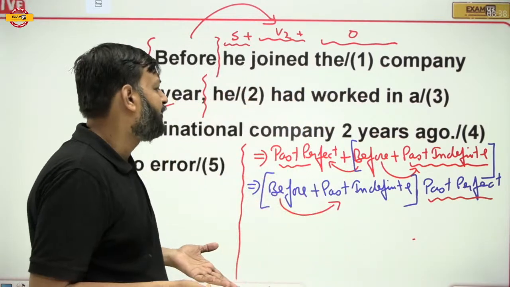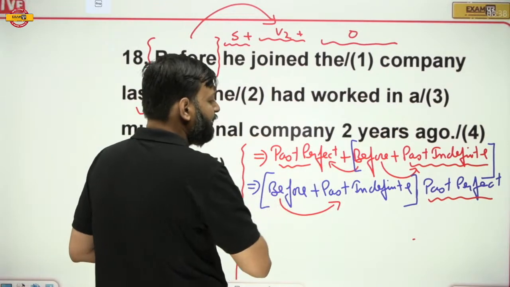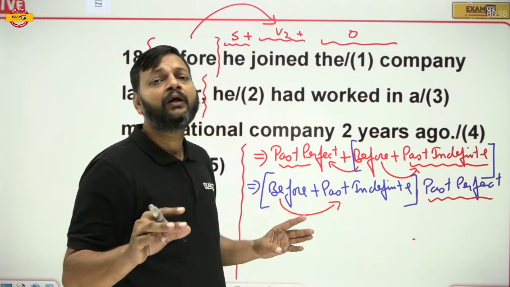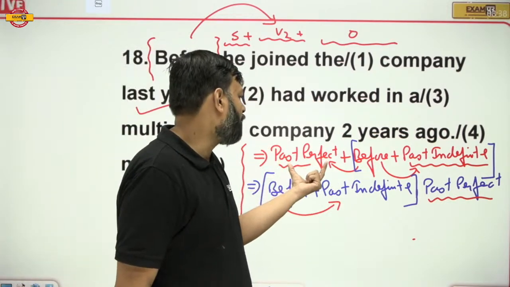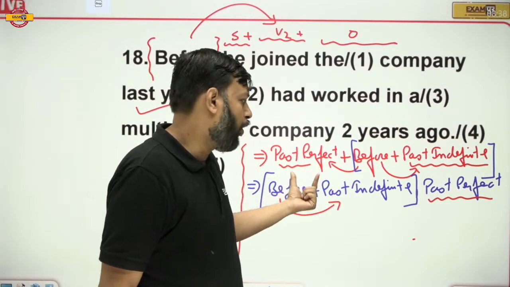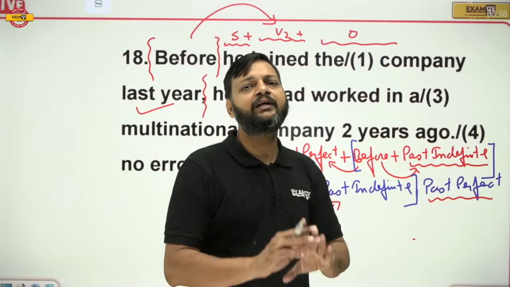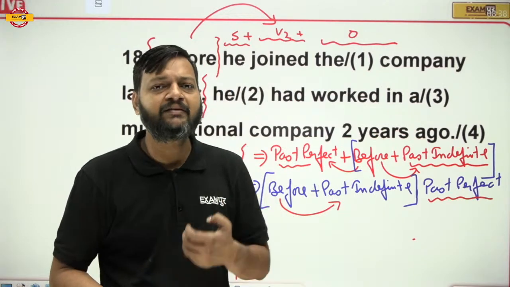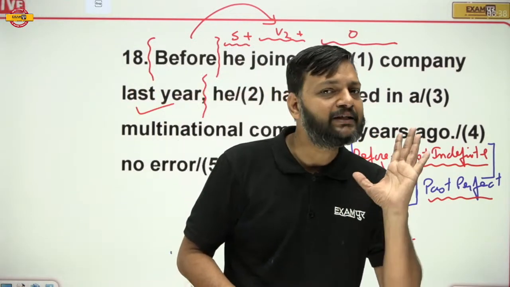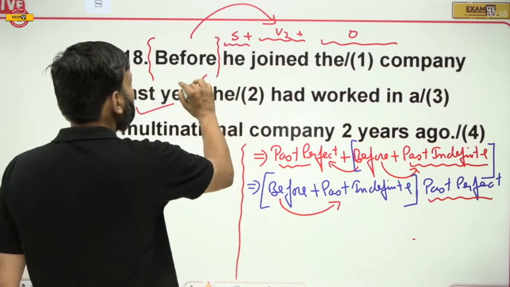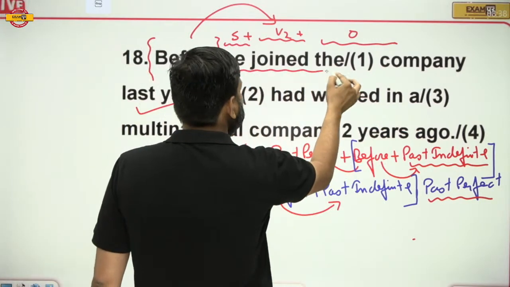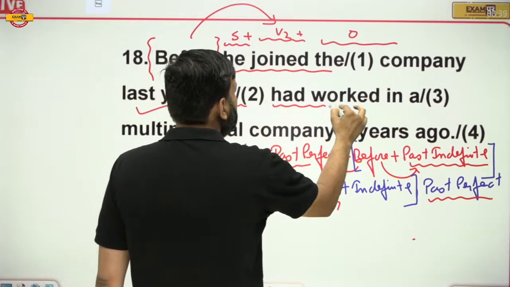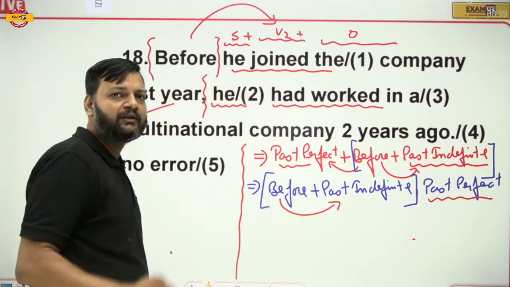Whether the remaining clause is in the beginning or it is at the end, it doesn't matter. Before is followed by past indefinite tense and the remaining clause must be in past perfect. So here before is followed by past indefinite tense, which is absolutely correct. Now the remaining clause must be in past perfect.